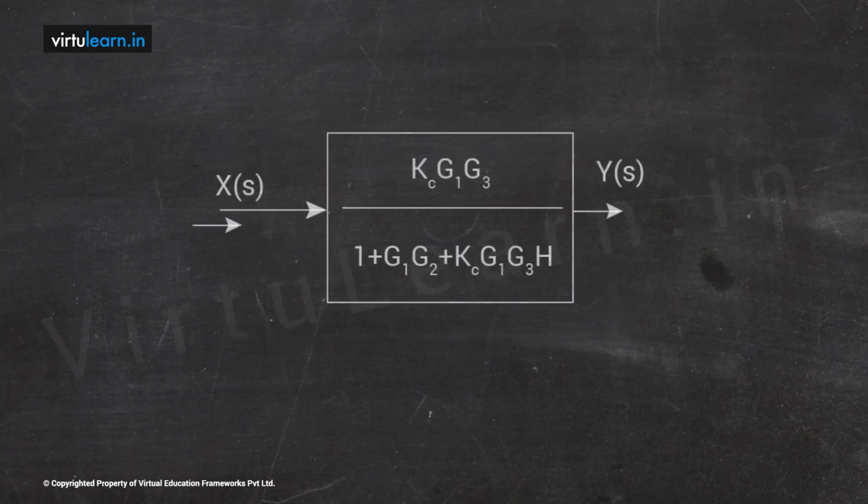So in the next step we get G1 plus G3 here, and here we have G2 by 1 plus G2 H2 plus G1 G2 H1. Now finally these two are cascaded, so I can simply multiply them. The final transfer function C of S by R of S is G2 into G1 plus G3 divided by 1 plus G2 H2 plus G1 G2 H1.